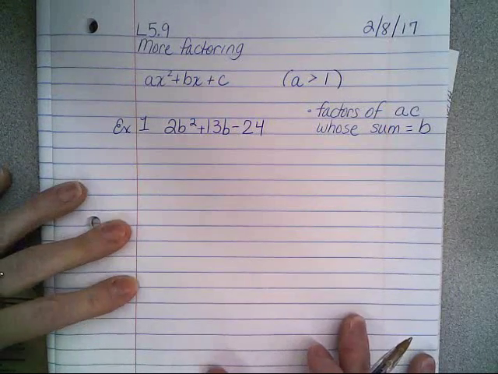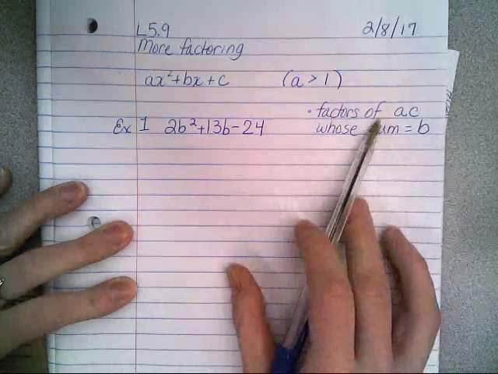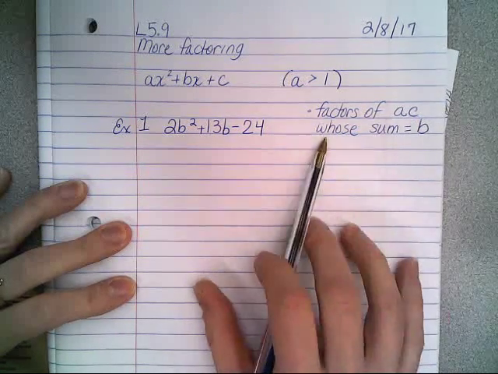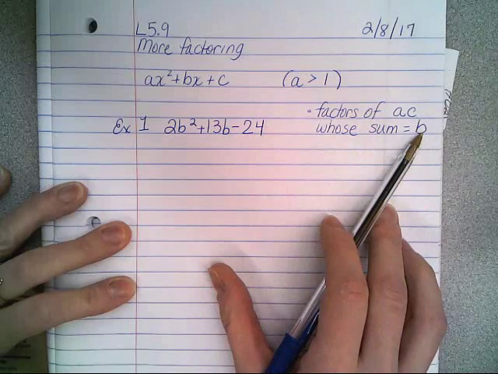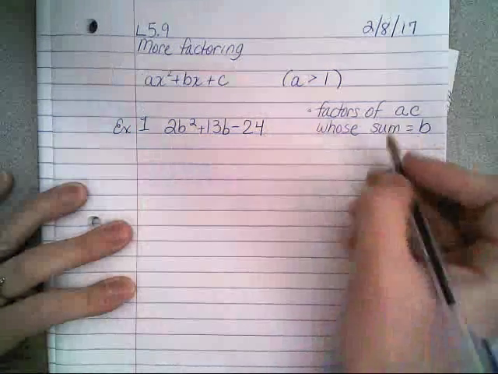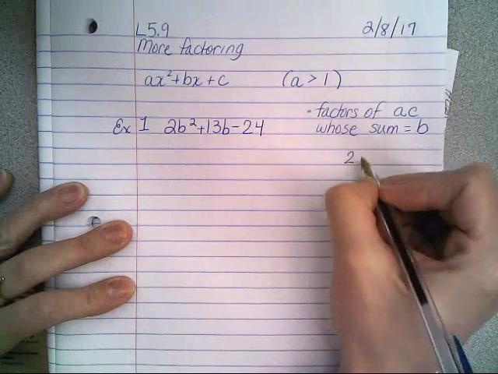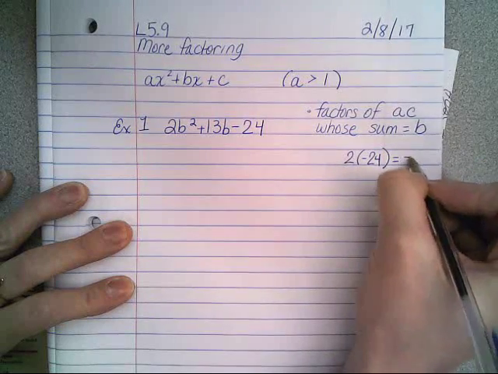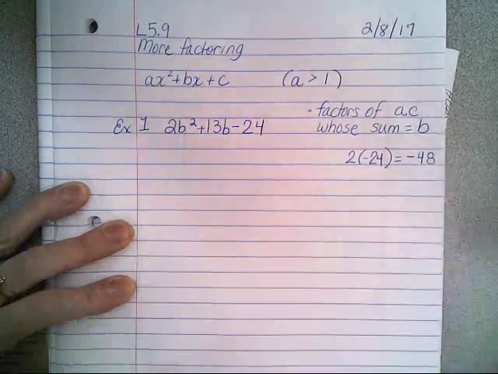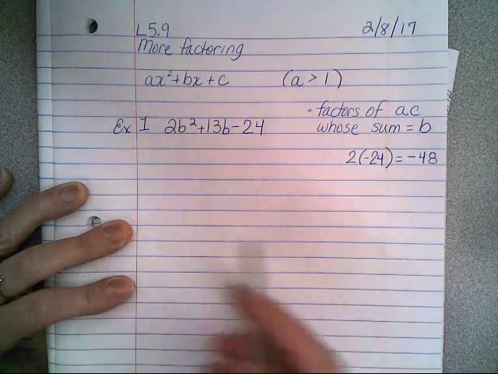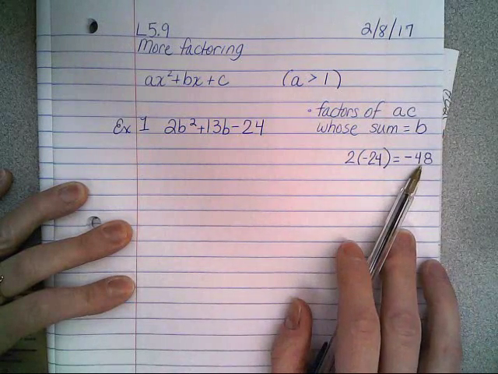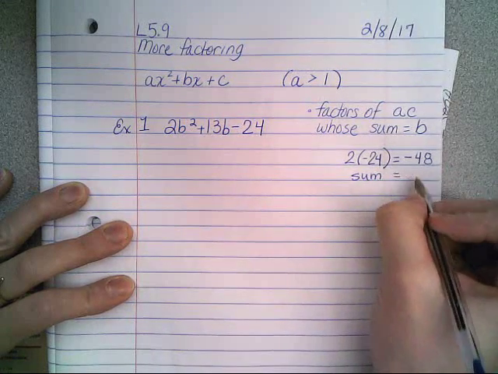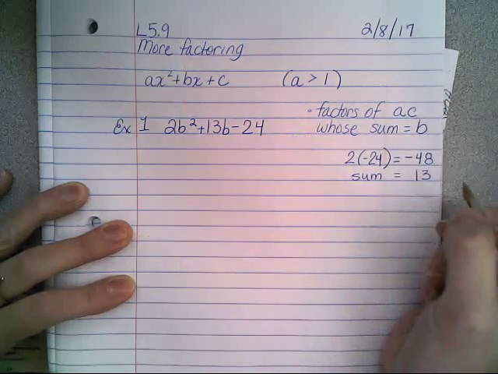And the first question you're going to ask yourself is factors of whatever a times c is that have a sum of b. So a times c is 2 times negative 24, which is negative 48. So we want factors of this whose sum is equal to a positive 13.